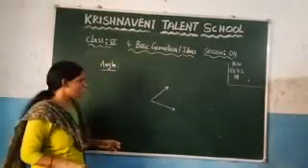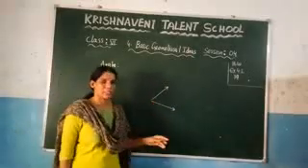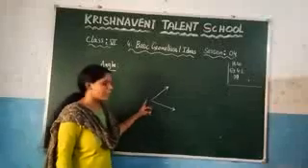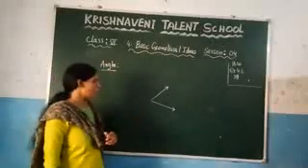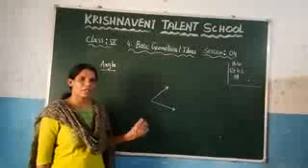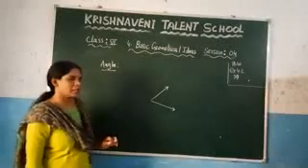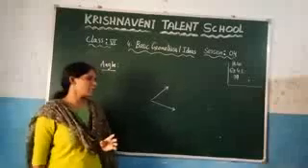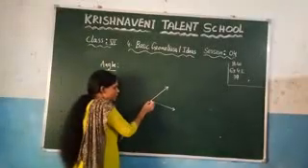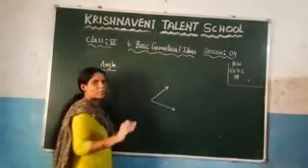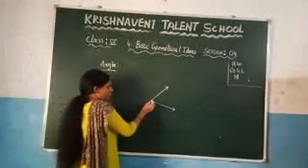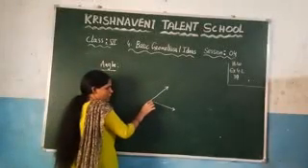You can observe that these two rays are not intersecting at any point here. And suppose if I draw two rays such that they intersect at one common point, then one angle will be formed. Here you can observe that these two rays are not intersecting at any common point. Some space is there, right?